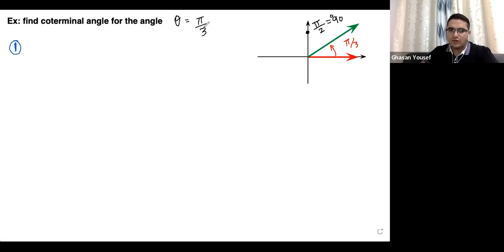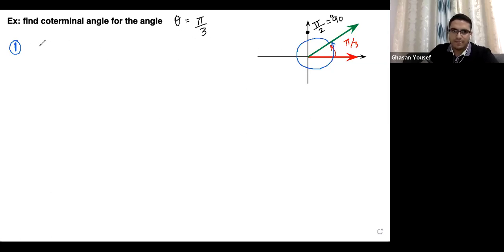A coterminal angle means the initial side is the same and the terminal side is the same. So just add 2 pi to this angle. 2 pi means you turn around the xy plane and go back to the same place. 2 pi is equal to 360 degrees.